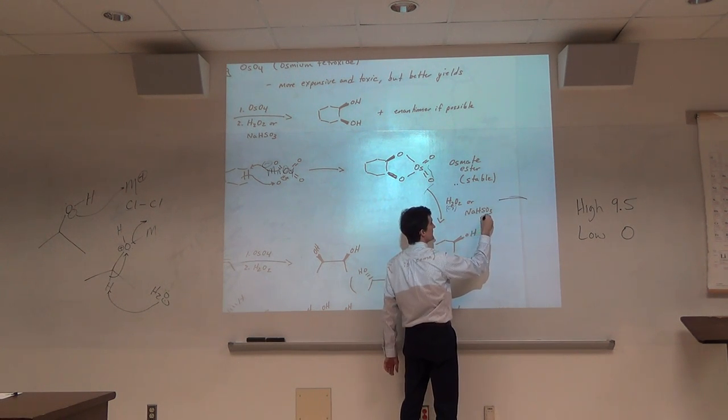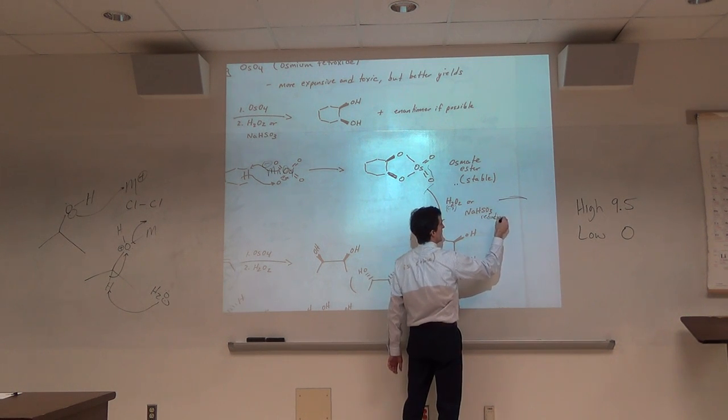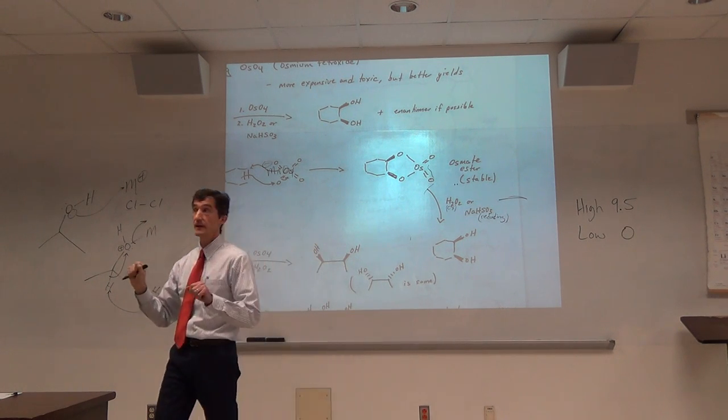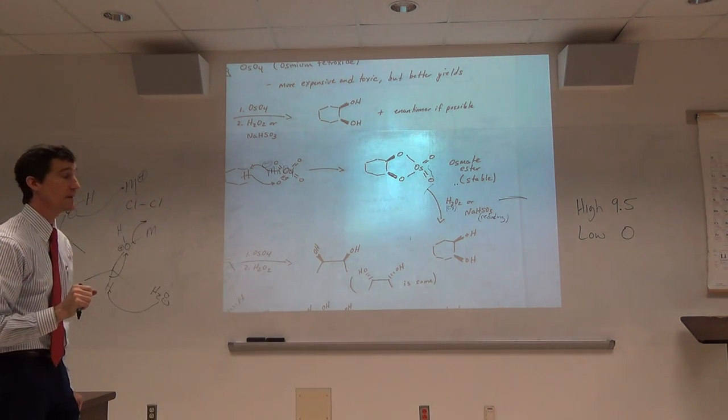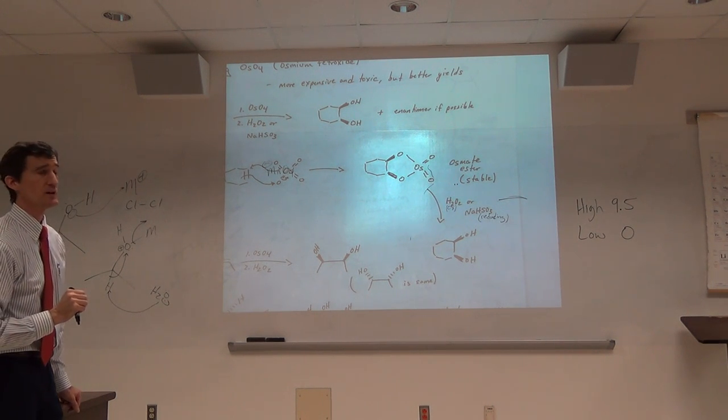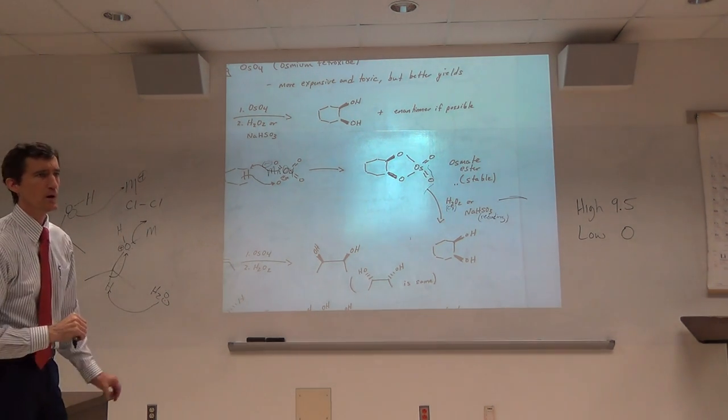That's actually a reducing agent. So it's very different mechanisms, but both will cleave it, and we're just going to call it magic. So it's not worth us looking into because it's so off the wall.